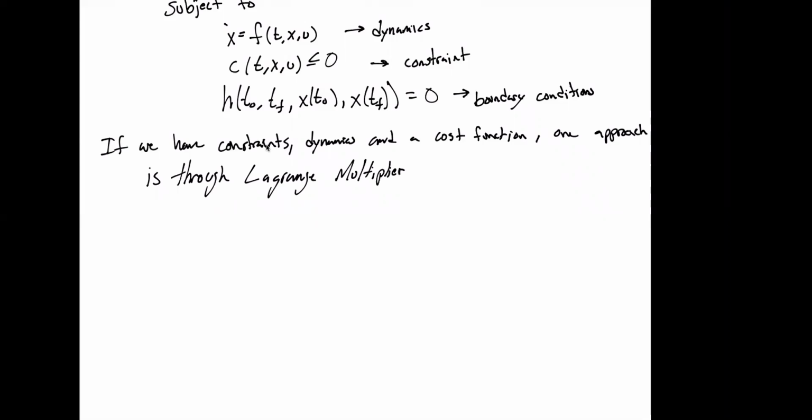If you read textbooks, these could also be called costates or adjoint states. They all mean the same thing.